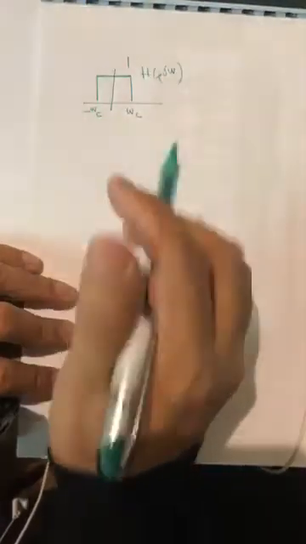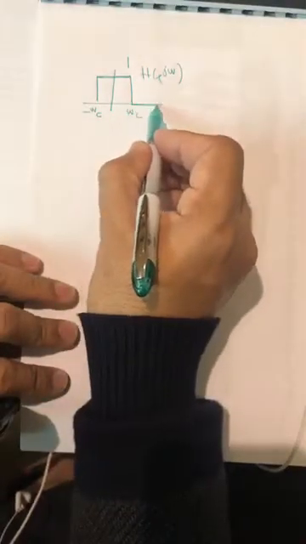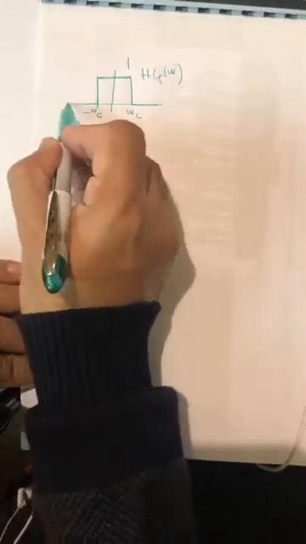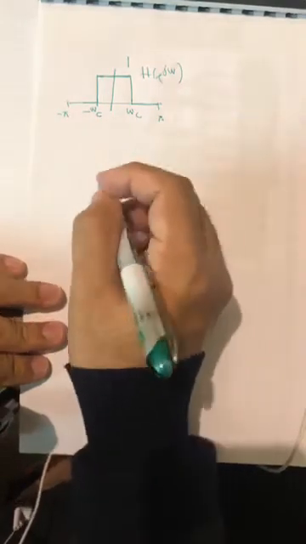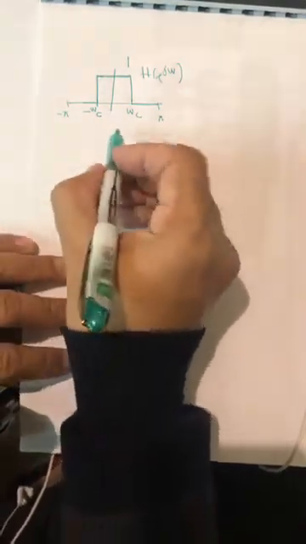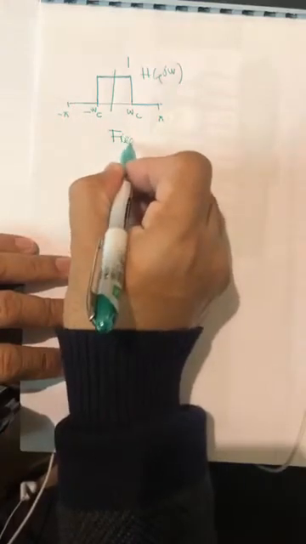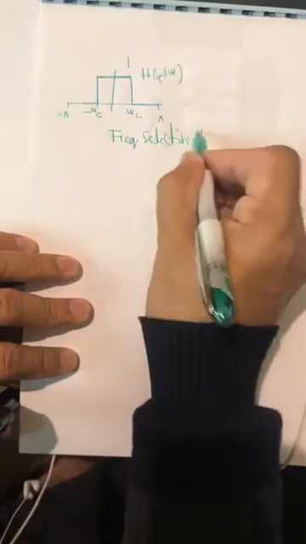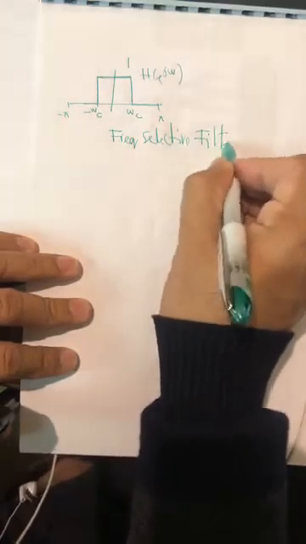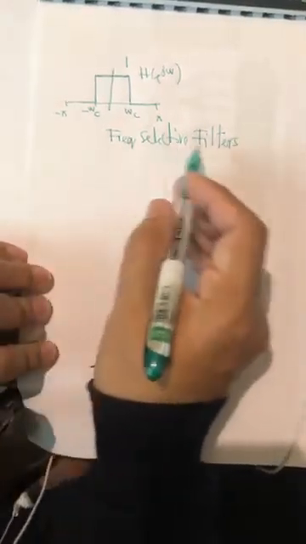They go past through the filter or the system, and the rest of the frequencies should go away. And that's why this course may also be titled as frequency selective filters. Okay, this may be another name of the course, frequency selective filters.